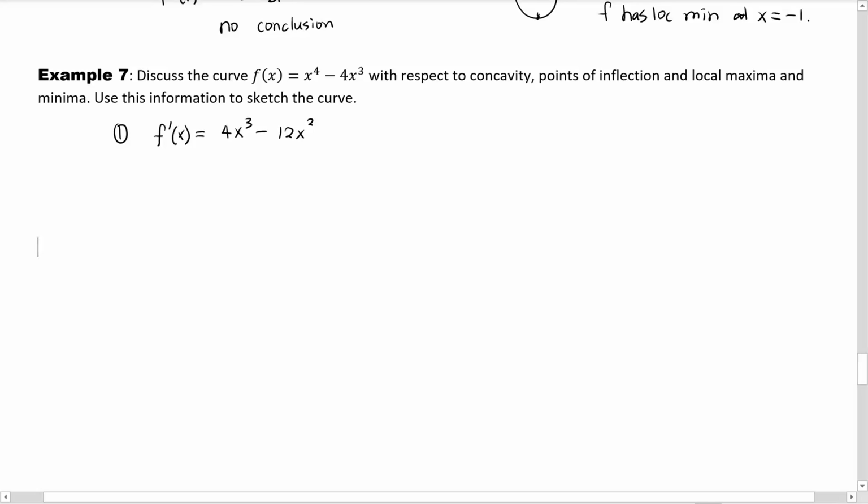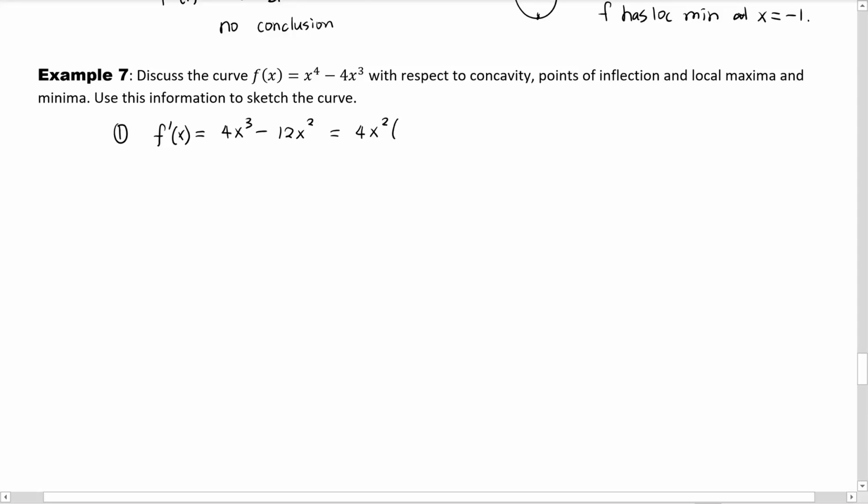But in this problem, because we need to sketch the curve, we need to find all the information: increasing, decreasing, and concavity. That's why we need to factor the derivative completely and find the critical points.